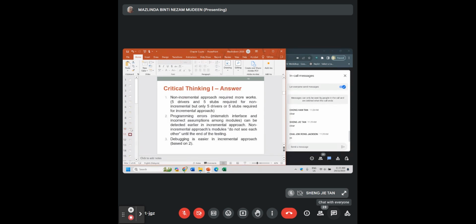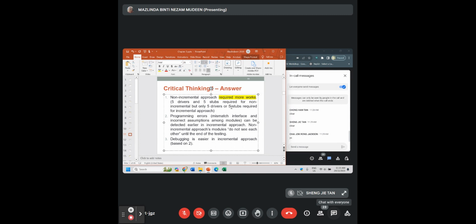Okay, the first one. Just now we talked about using the driver and stub, when we need to use the driver and when to use the stub. For the non-incremental approach, they actually require more work.